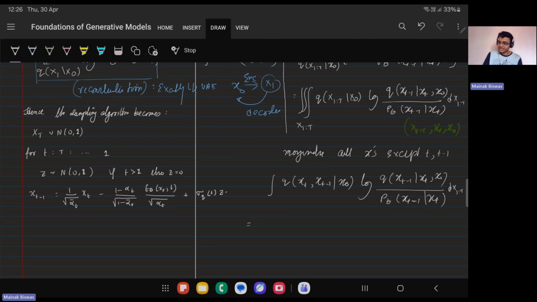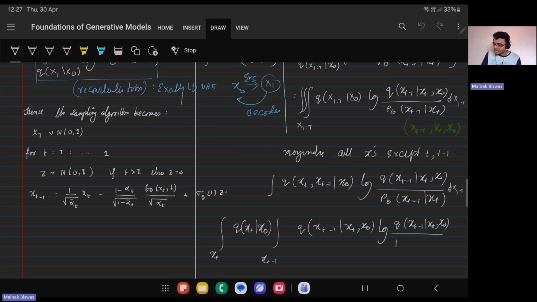Now this term can be written, again by conditional probability, as q of xt minus 1 given xt comma x0, an integral over xt minus 1. And I can write this as q of xt given x0, integral over xt, log of q of xt minus 1 given xt comma x0 over p theta of xt minus 1 given xt. I broke this down into p of AB as p of A given B into p of B. That's all I did.